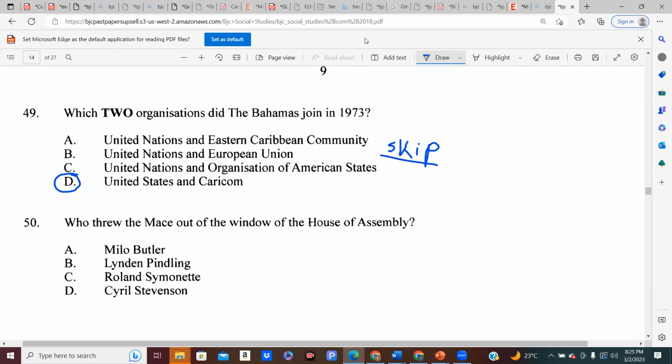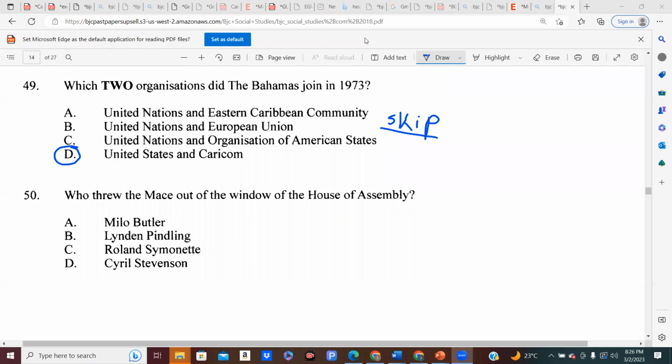Or D, Cyril Stevenson. Who threw the mace out the window? Anyone know? Put the answer inside the chat. B, Lyndon Pindling. Okay, interesting. Was it Milo Butler, Lyndon Pindling, Ronald Simonet, or Cyril Stevenson? What do you think? Put your answers inside the chat, please.